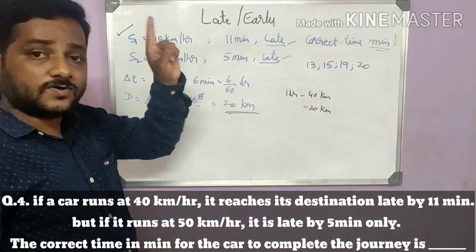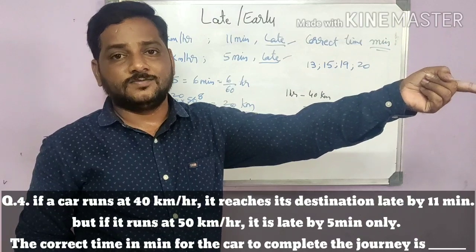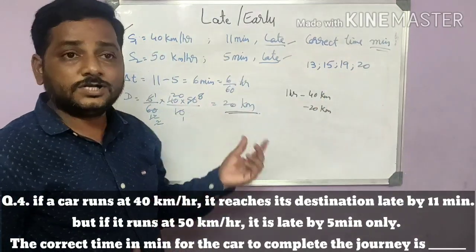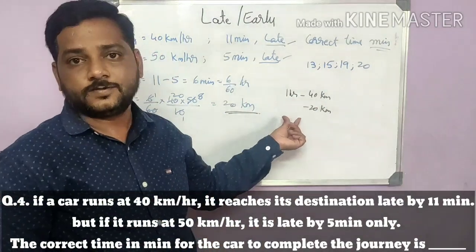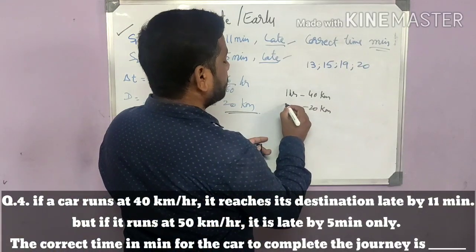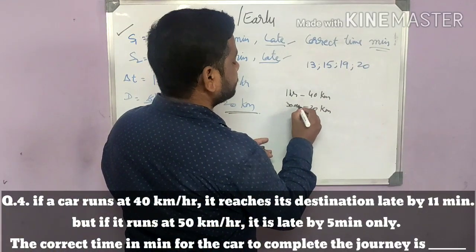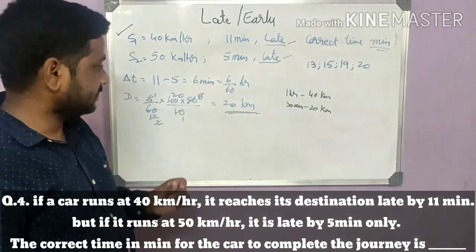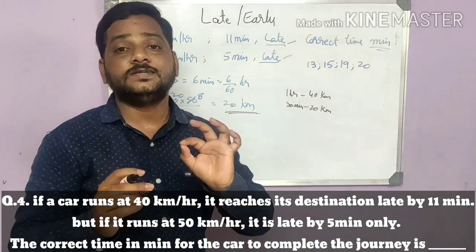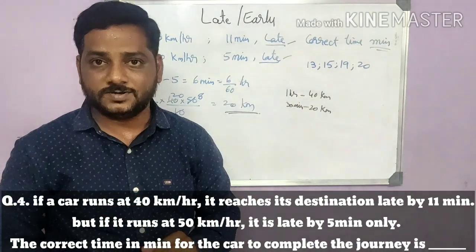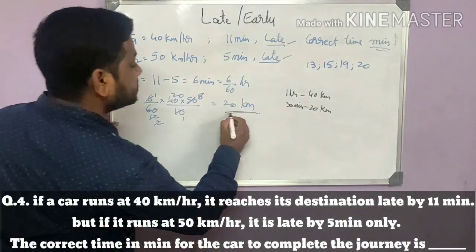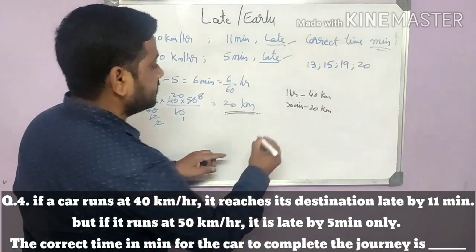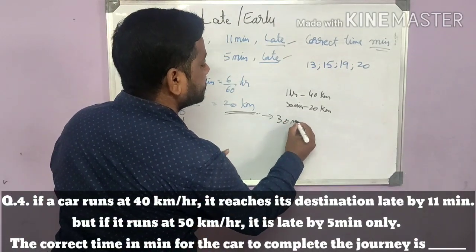In 1 hour it covers 40 kilometers, right? So to travel only 20 kilometers, I need half of it. So half an hour, or we can say 30 minutes. Because I want to answer in minutes, I'll keep it in minutes. So the time taken to reach this distance is 30 minutes.